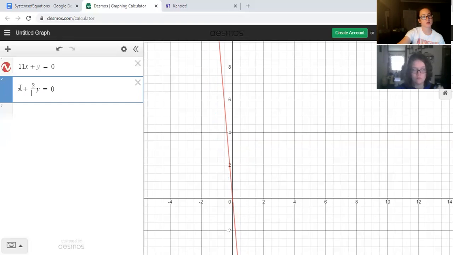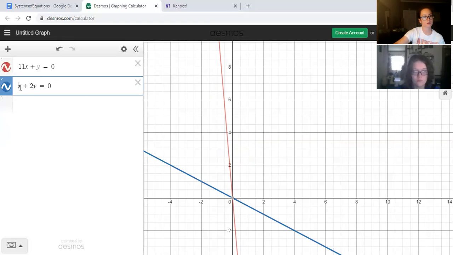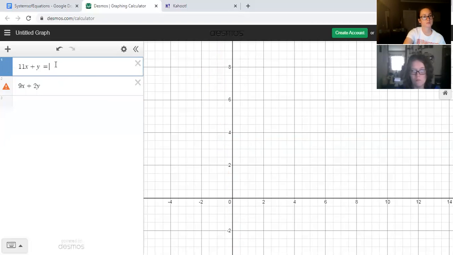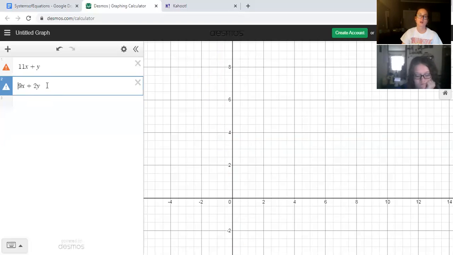Might be the plus 0 that's making problems. Let me try something different. Okay. If we were to solve this right here and put it into slope-intercept form, Cheyenne, we would get a negative slope because we'd be moving this 9x over.